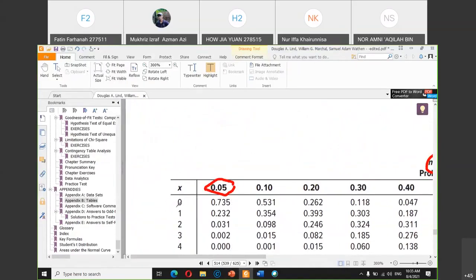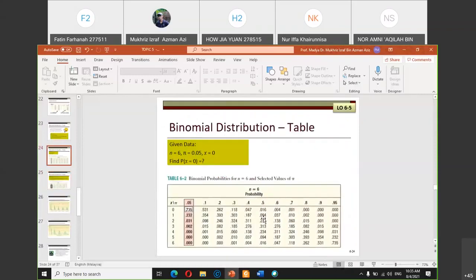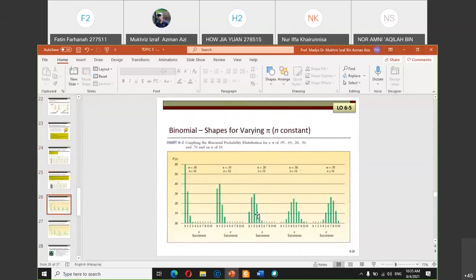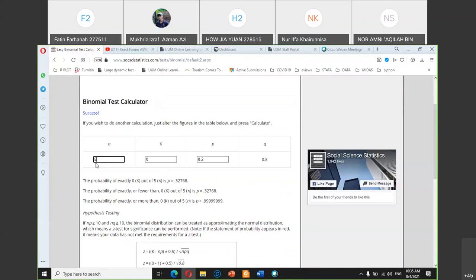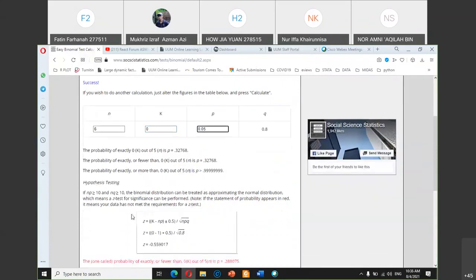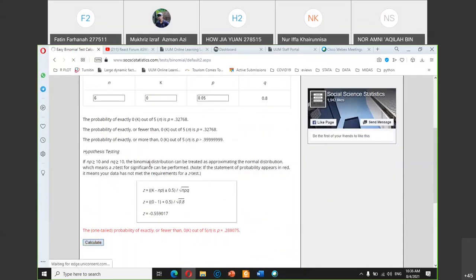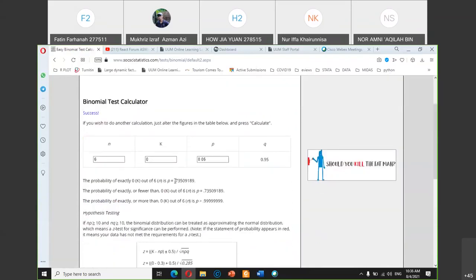For P(x equal to 0), we are looking at 0.735 as the answer. If you were to do this on the online calculator, it will be n equal to 6, k equal to 0 as well, and 0.05, and you should get 0.735 as the answer.